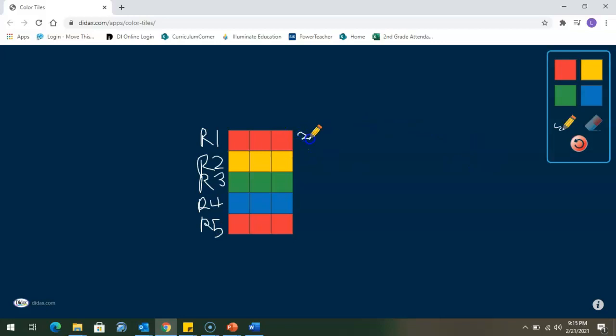If you said 3 plus 3 plus 3 plus 3 plus 3 equals 15, you're absolutely right, boys and girls. Now, what do you notice about the shape of this array? Yes, boys and girls, this is a rectangle.